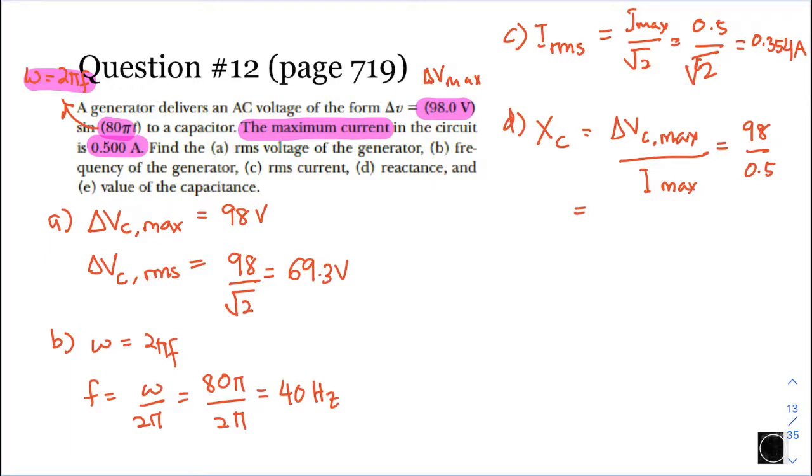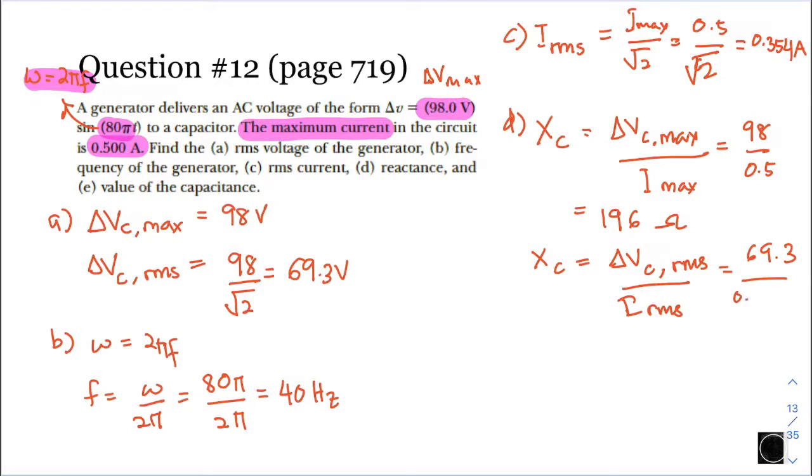The answer is 196 ohm. You may also use the RMS values, which will give exactly the same answer: your V RMS 69.3 over your I RMS 0.354 ampere. So you will get the same answer.